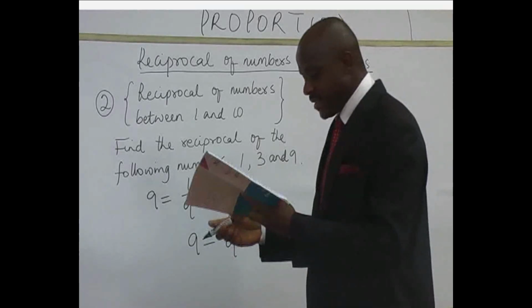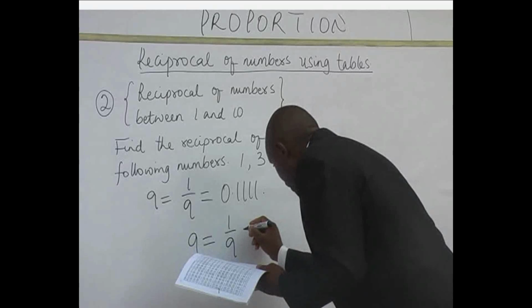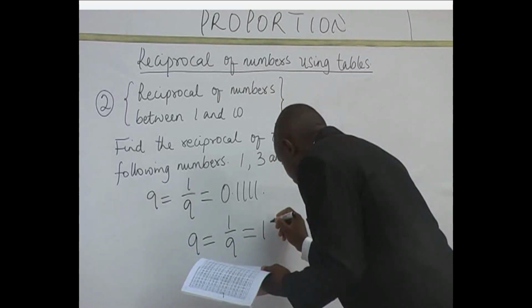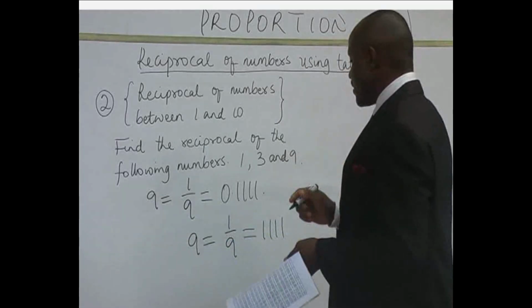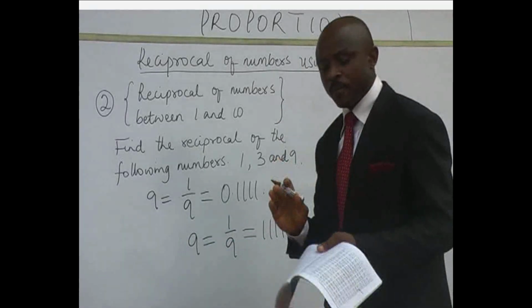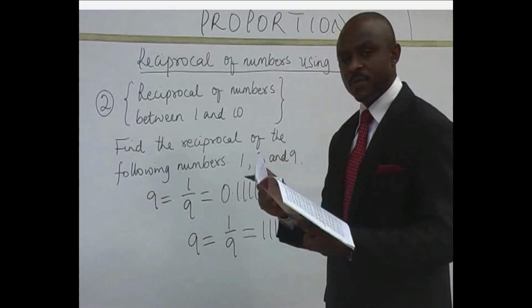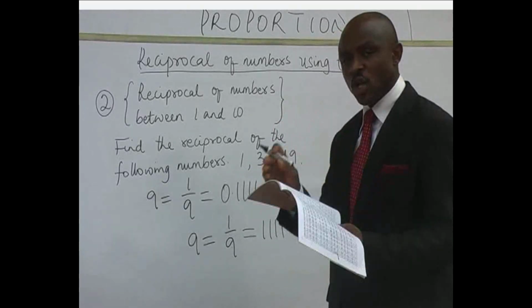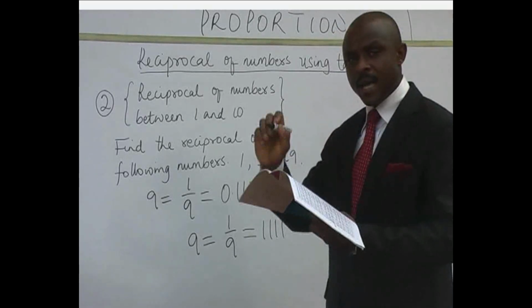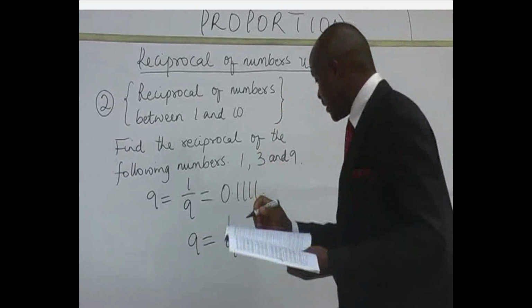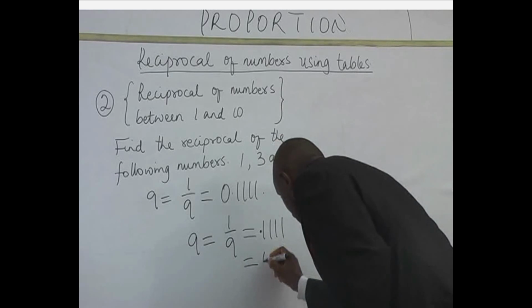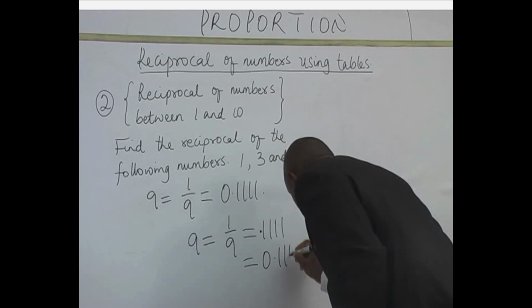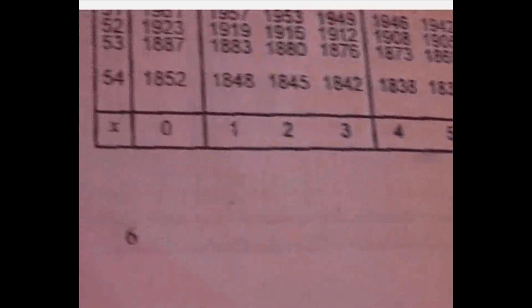And 90 under 0 is giving me 1, 1, 1, 1. As I have told you, any number from the reciprocal tables, from the 4-figure table, has an automatic decimal point before the first digit. So I'm going to put the decimal point. That gives you 0.1111.